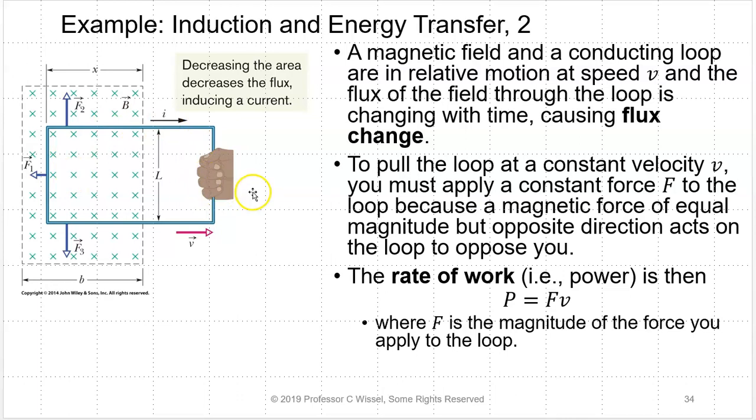To pull the loop at a constant velocity v, you must apply a constant force to the loop because a magnetic force of equal magnitude but opposite direction acts on the loop to oppose you. These two forces cancel out because they're equal and opposite, but you have to fight this. So the rate of work, that is power, is P equals F times v, where F is the magnitude of the force you apply to the loop, and v is how fast you're pulling it out.